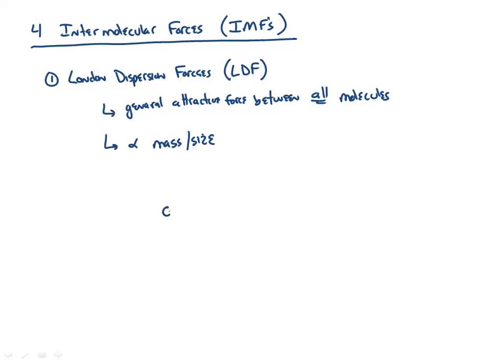And so, for instance, if I take a look at methane, which is just CH4, that's going to be attracted to another CH4 molecule by this attractive force. This is by far the weakest attractive force.